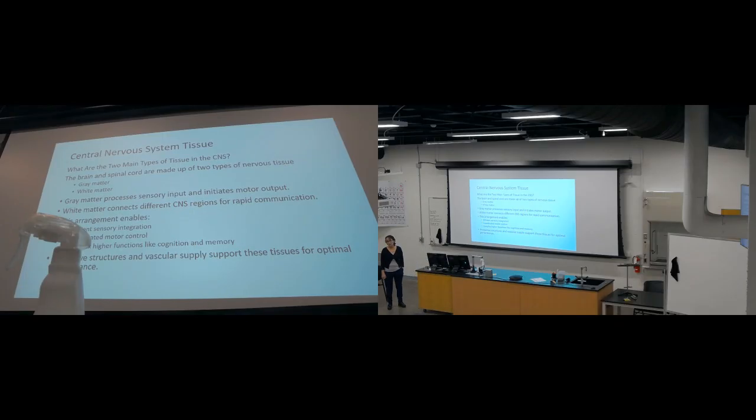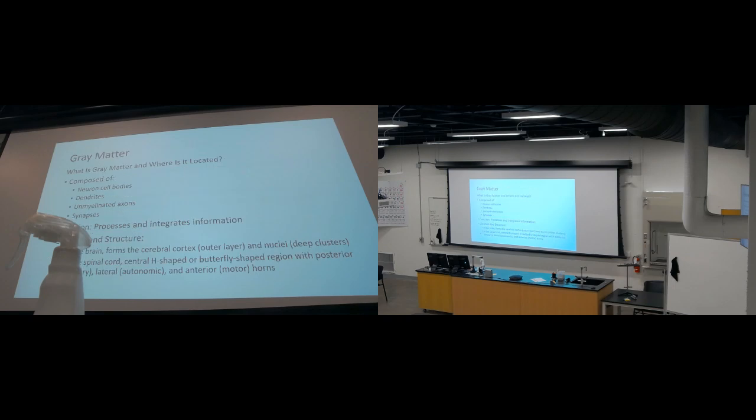The brain is the most active tissue in our body, so it receives more blood supply per gram than any other tissue. So you have to have a lot of blood supply into your brain for optimal performance.